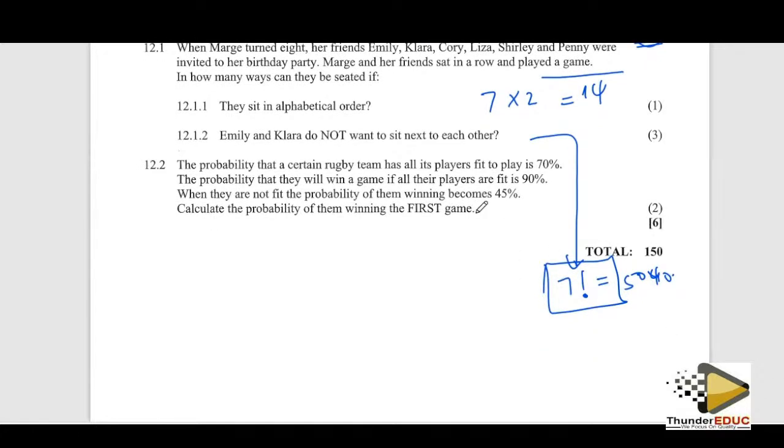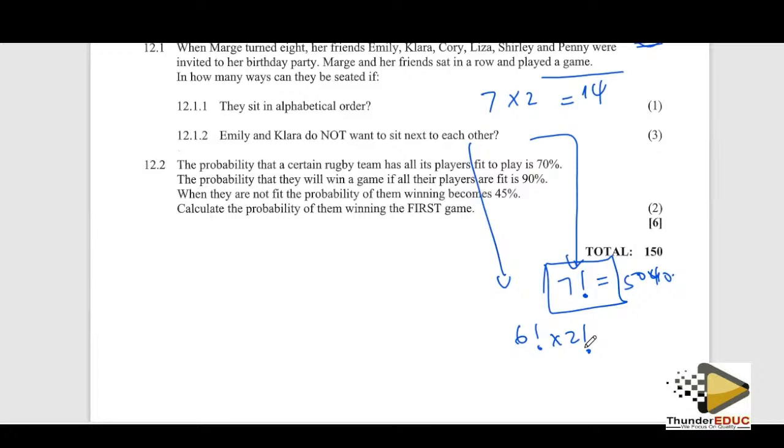Then for Emily and Clara to sit together, because that's what I want to use, I'll be looking at 6 factorial times 2 factorial, because there will be 6 ways to arrange them, and then these 2 can easily switch.